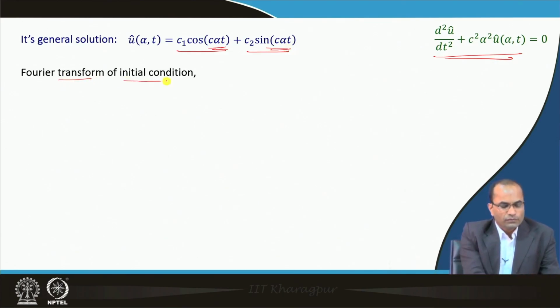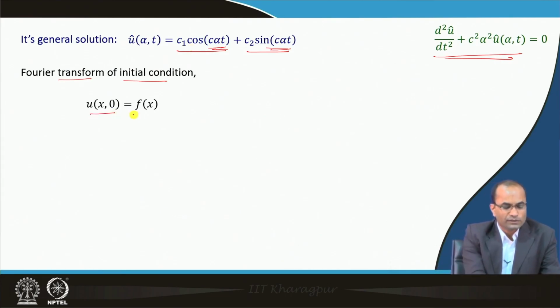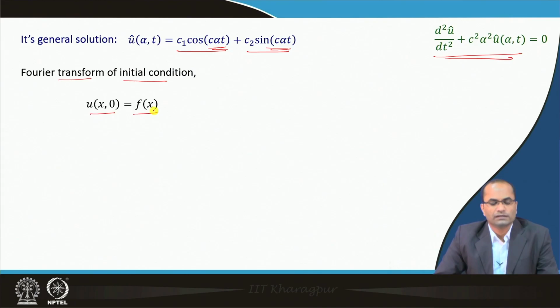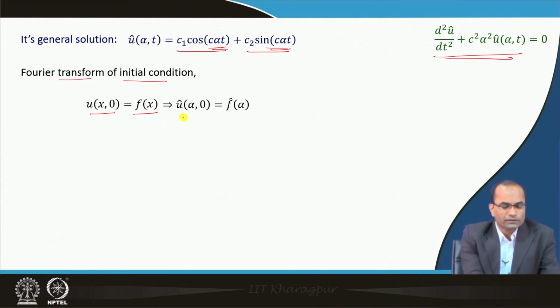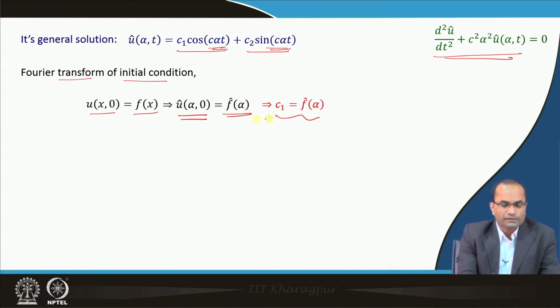The c 1 and c 2 are unknowns here, so we need to apply the Fourier transform of the initial conditions. We have u(x, 0) as f(x), that is the first initial condition given. If we take the Fourier transform of this, u hat(alpha, 0) is equal to f hat(alpha). Setting t equal to 0, u hat(alpha, 0) is c 1 times cos 0, which is 1, and the sine term is 0.